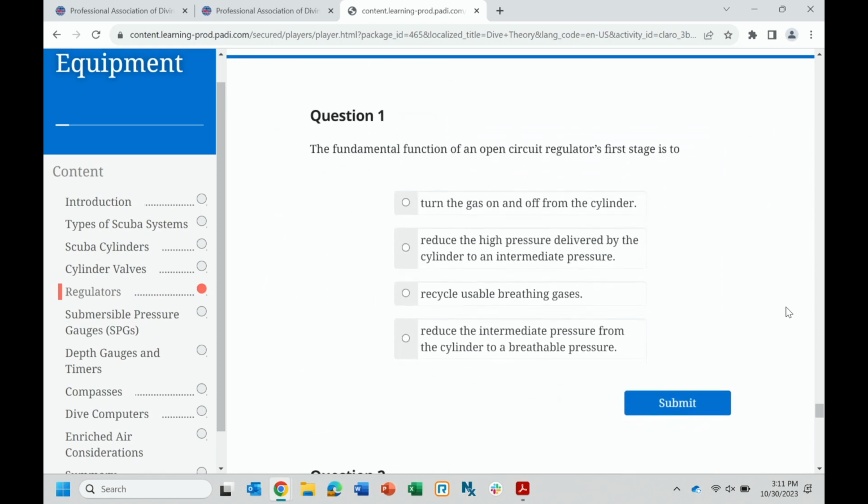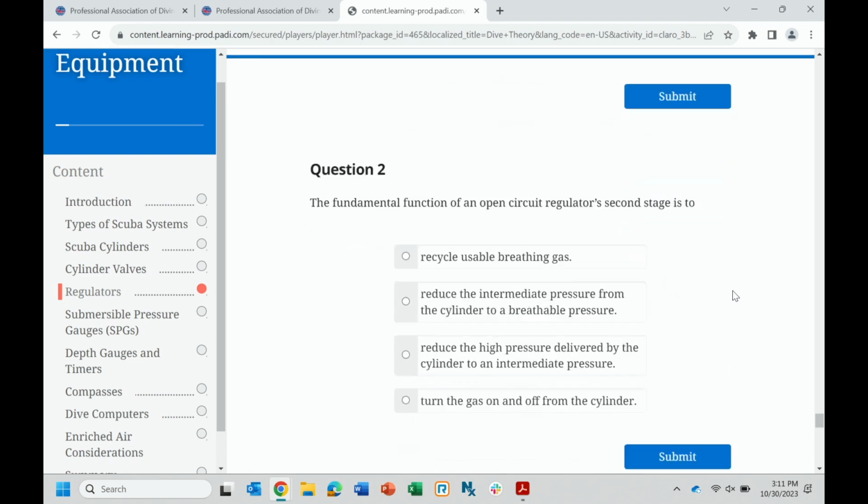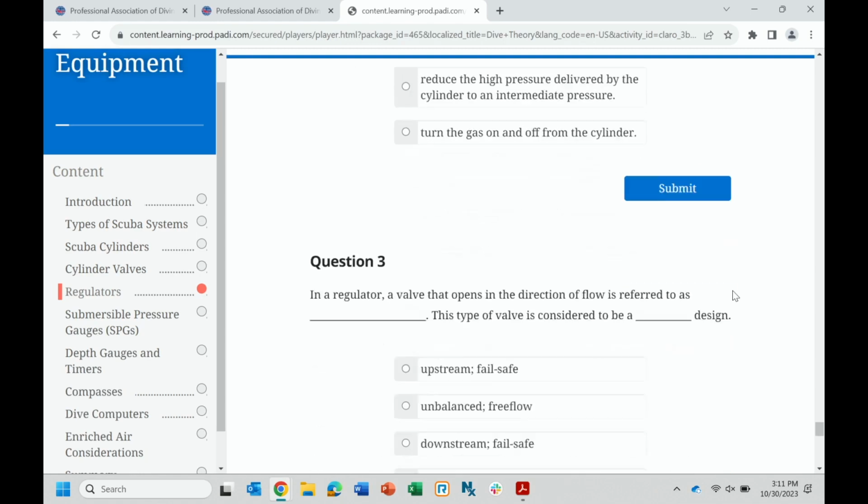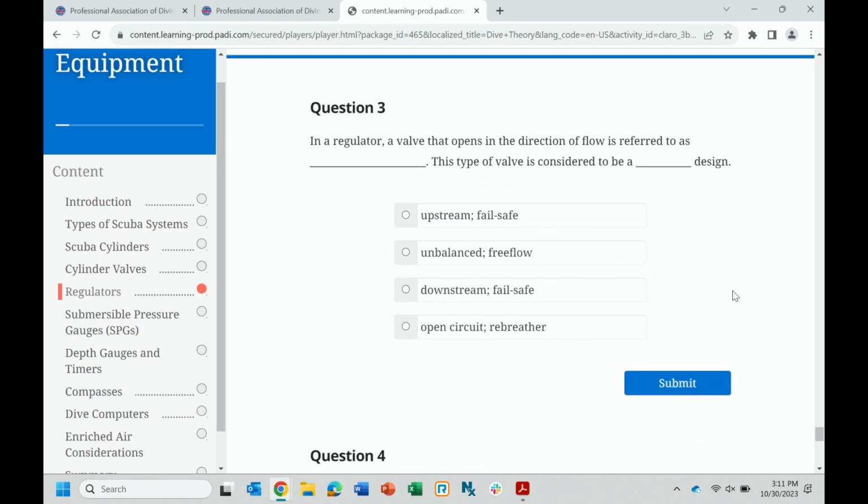And then you have some knowledge checks here, and different questions you can pick, and they all relate to those pieces of equipment. If we take question 3, for example: in a regulator, a valve that opens in the direction of flow is referred to as, and then you've got upstream, fail-safe.